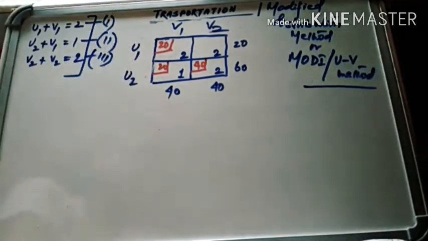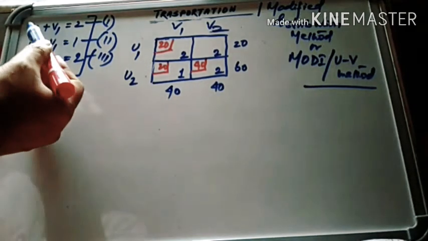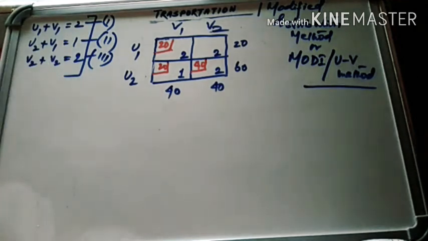Okay? We have got 3 equations, but we have here U1, V1, U2, V2, 4 variables.